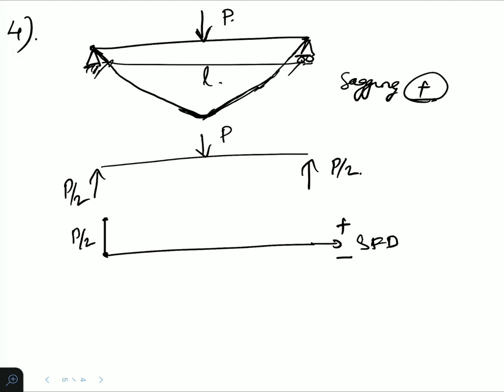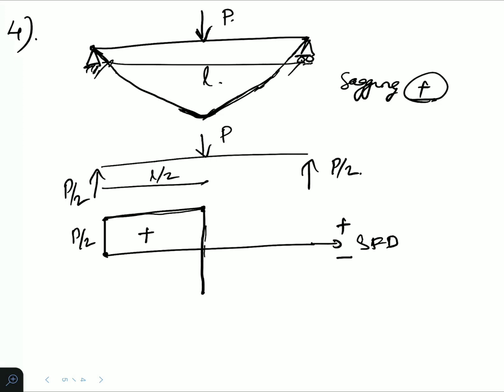The left side is moving upward, so it is positive. There is no other force till it reaches the midpoint, at a distance of L by 2. Till this point, there are no other forces in order to reduce this P by 2 value, so it goes straight till here. Here the P value acts and pushes it down.